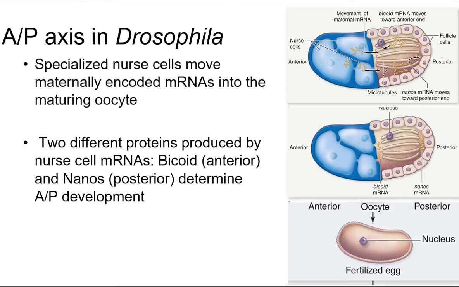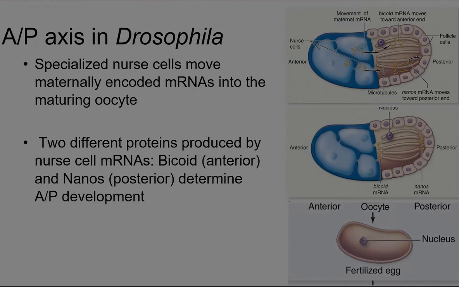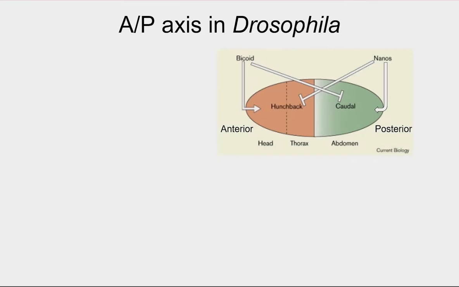So through the action of two different motor proteins, bicoid mRNA ends up anchored to the end of the egg closest to the nurse cells, and nanos anchors at the opposite end. Two genes are regulated by the proteins produced from bicoid and nanos mRNA, and they're called hunchback and caudal.